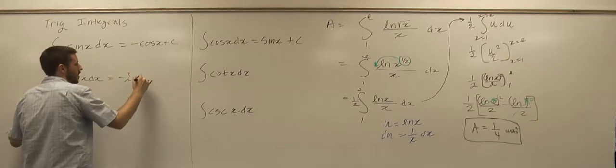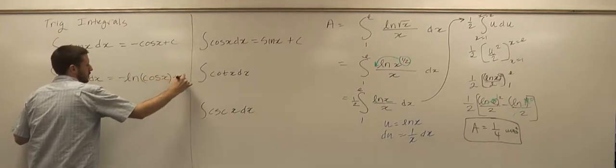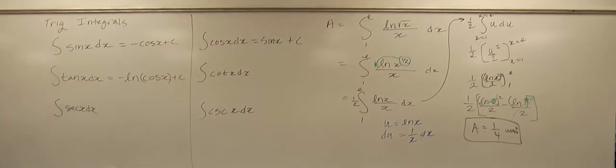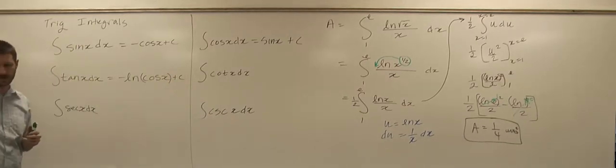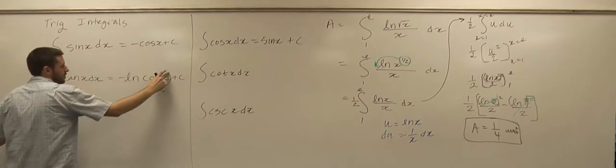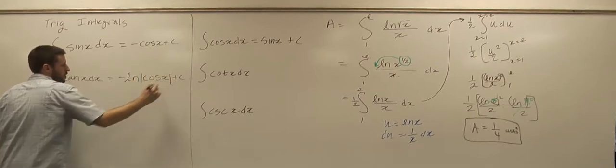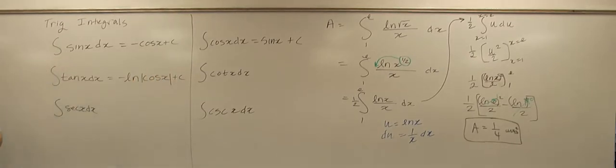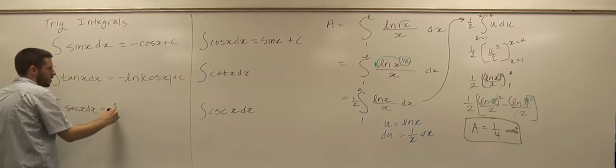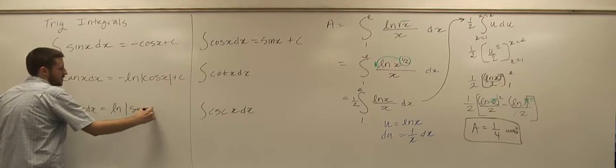It was negative natural log of cos x. And most generally, you can actually get away with an absolute value. And then secant was natural log of absolute value secant x plus tangent x.